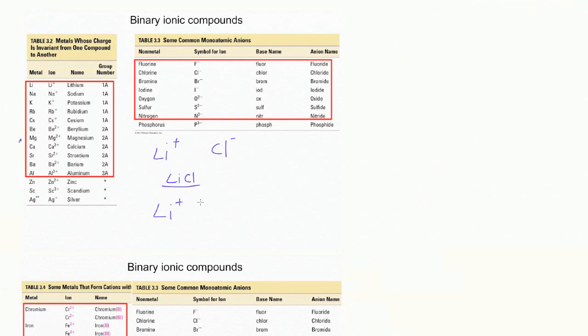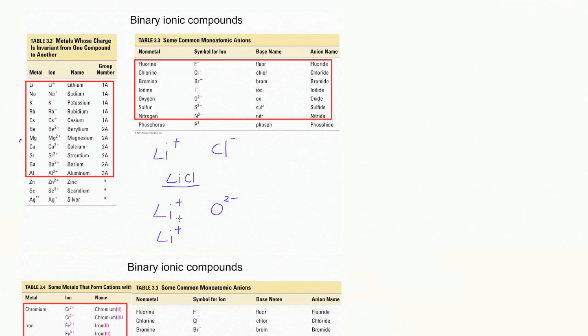Now let's take a look at this example. Lithium and oxide. One lithium cannot be used to balance the two negative charges of the oxide, so you need one more. You can always increase the number of those ions, either cations or anions, to find the right number of ions for the formula.